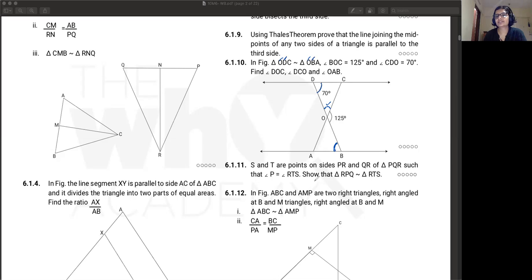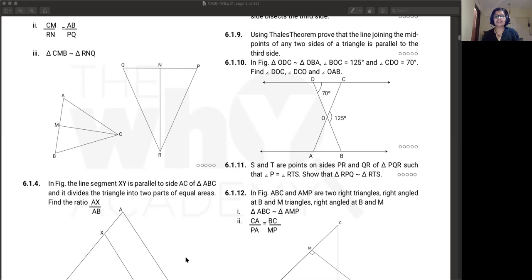Okay, that's where you need to be careful. And using angle sum property, 180 degrees minus 70 plus this other angle you get will give us DCO. And then using similarity, we can find OAB.